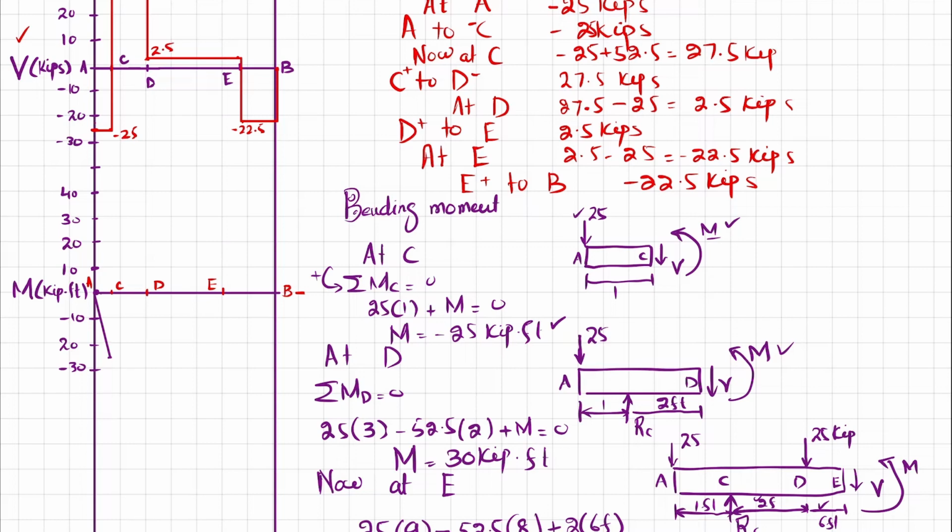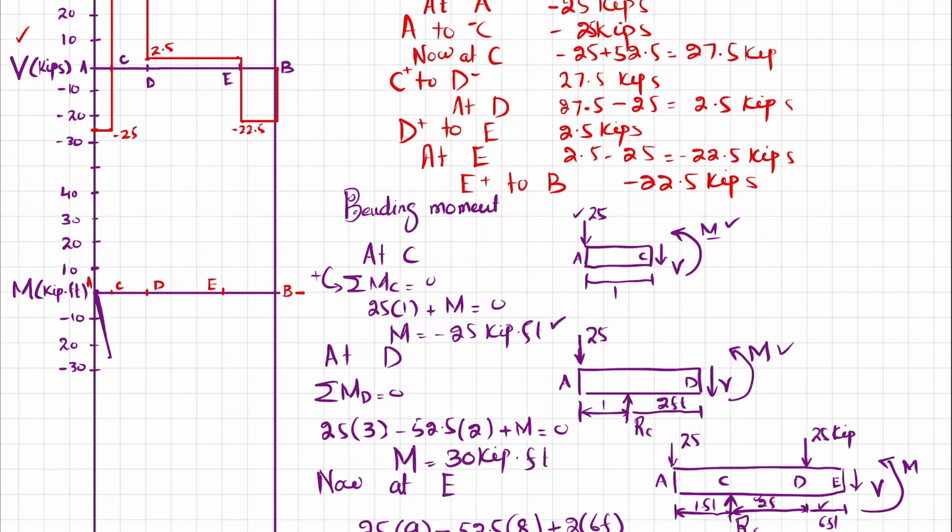This will be a first degree line because from A to C the shear is a 0 degree line, a line with 0 slope, so the bending moment will be a first degree line, and the slope will be decreasing because the shear force is negative. So this is the portion from A to C.